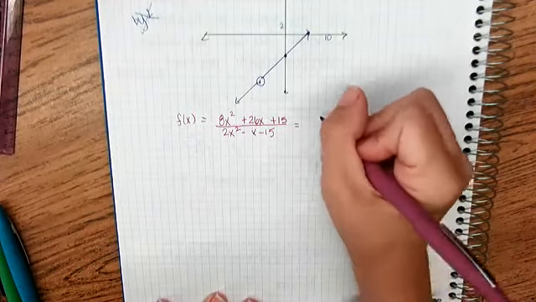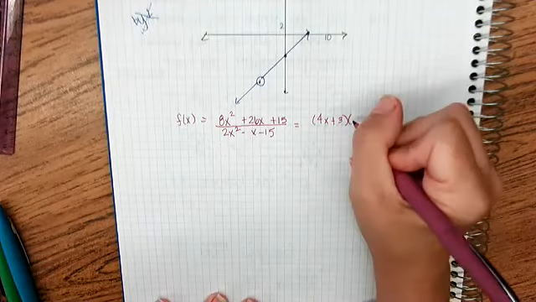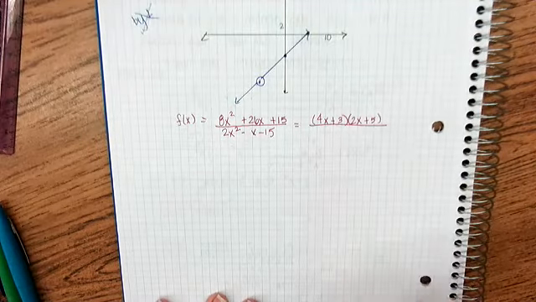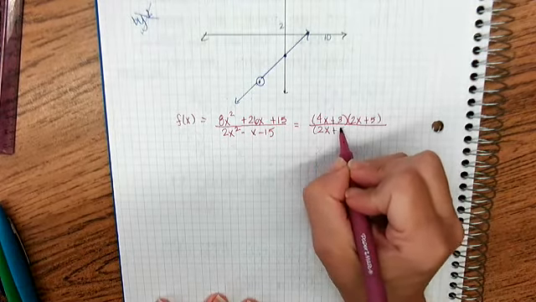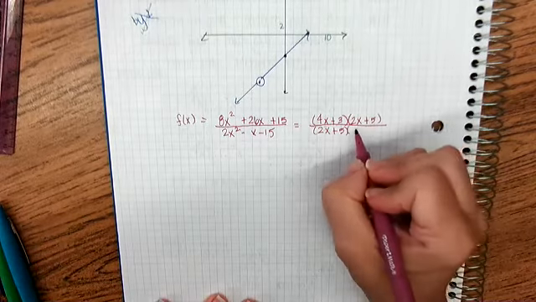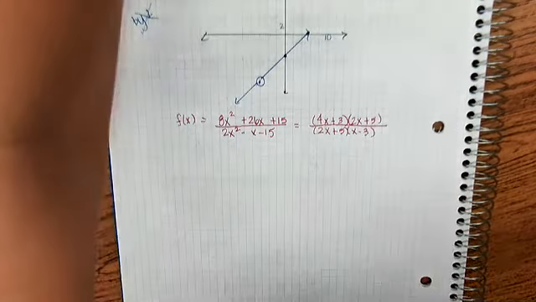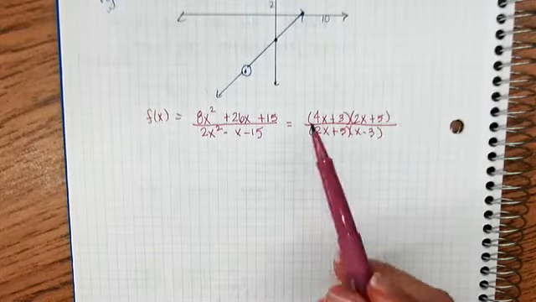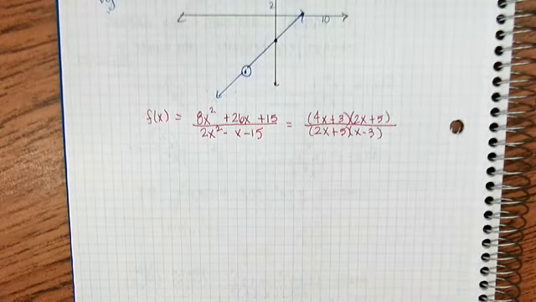So this factors as, you should have gotten, (4x plus 3) times (2x plus 5) over (2x plus 5) times (x minus 3). And I am hopeful that I factored this correctly because I'm by myself. It's right.